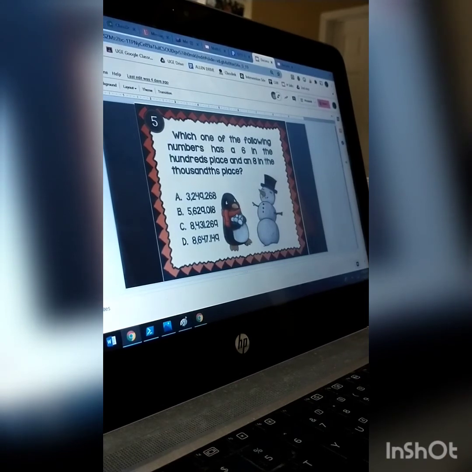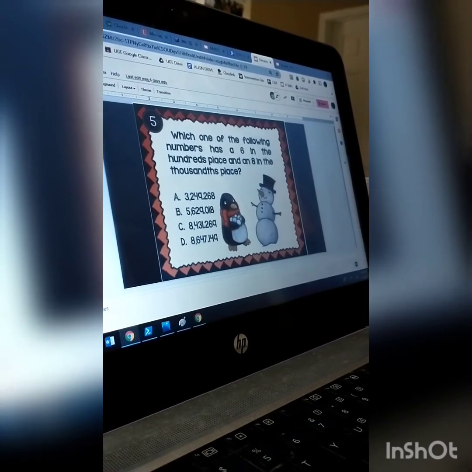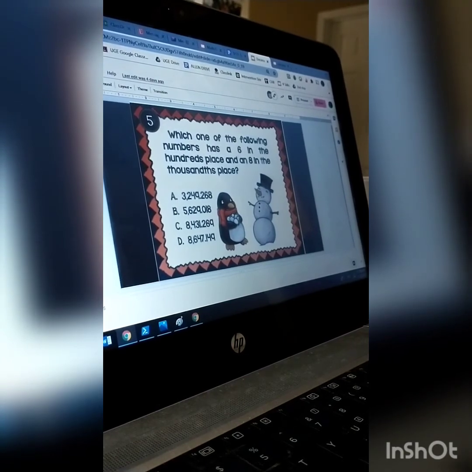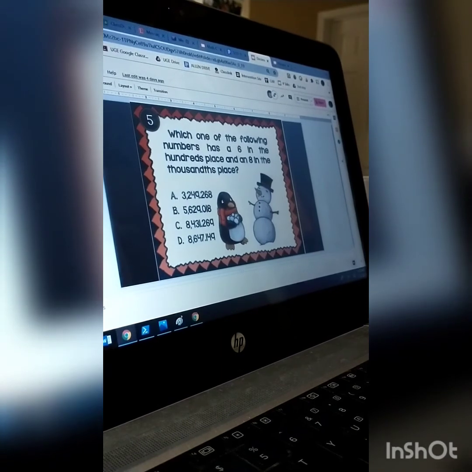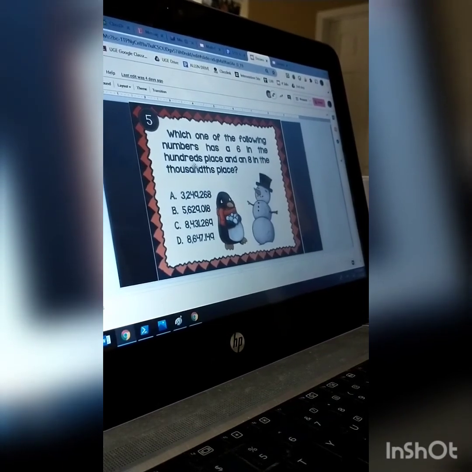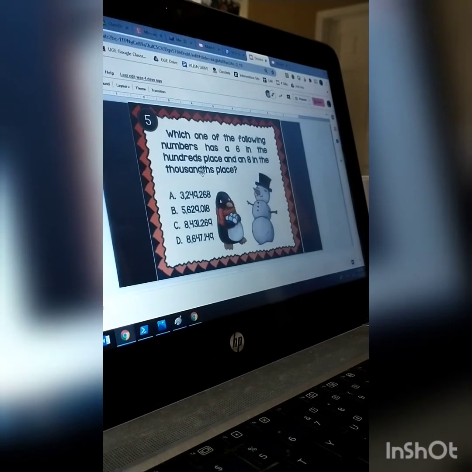All right, look at this one. Which one of the following numbers has a 6 in the hundreds place and an 8 in the thousandths? So notice it does not say hundredths, and it does not say thousands. Hundreds, thousandths.